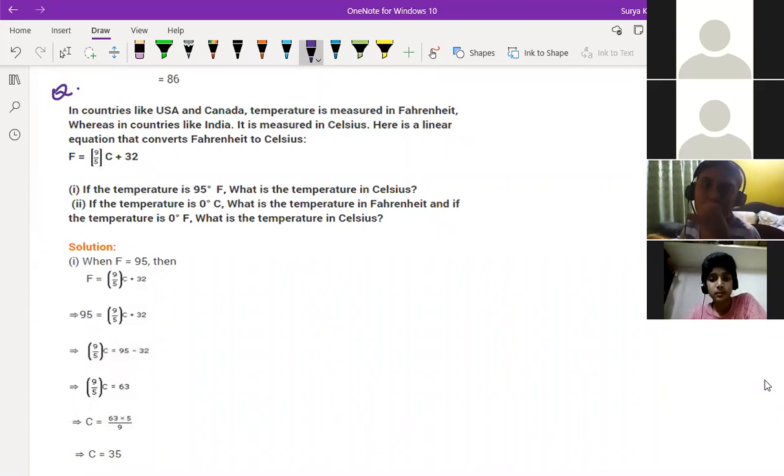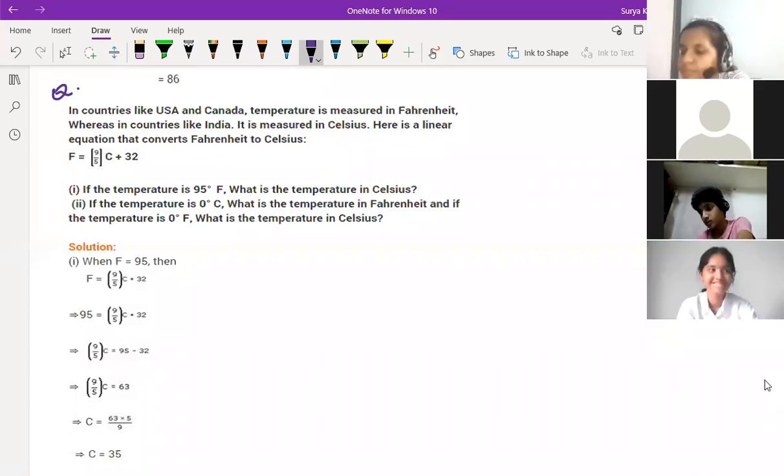Children, you're doing the graph. Ritvik, Sai Ritvik, you are doing. Do the graph and find the answer for the first and second part.